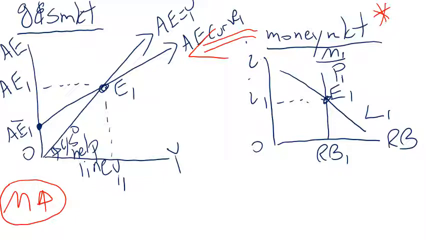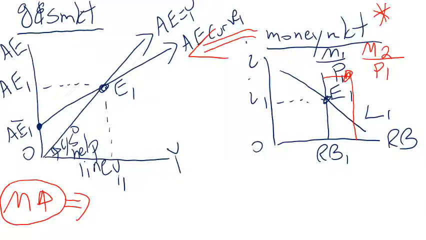So, expansionary monetary policy will do what? It will shift the real money supply curve rightward. So we would have M2 over P1.